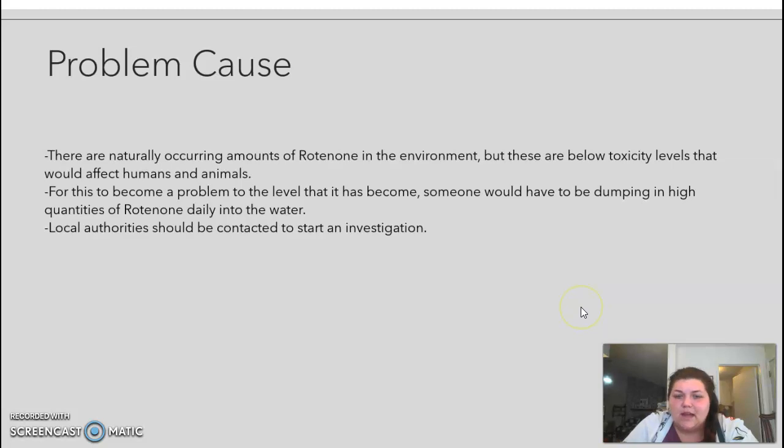There are naturally occurring amounts of rotenone in the environment. However, the levels of rotenone that we found within our research, within our samples, are enormous compared to what would be found typically in the environment. So basically, the idea we've come to is that somebody has to have been adding it to the water for it to become this big of a problem.